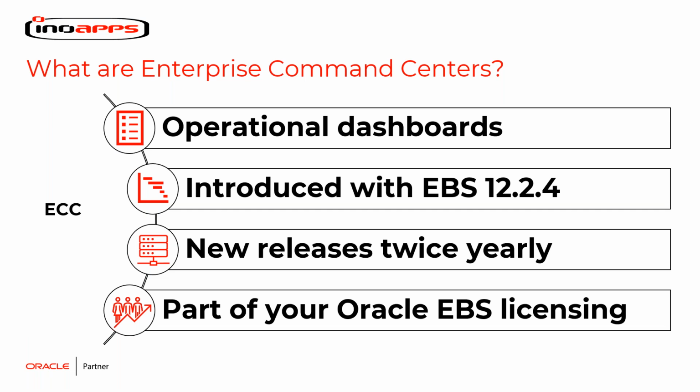It was introduced with EBS 12.2, so it's been around for a while. It's on its own release schedule from EBS, generally speaking twice a year, usually in April and October. So the last release was in April of this past year, so I would anticipate that the next release, which will be version 11, will be coming out probably next month.